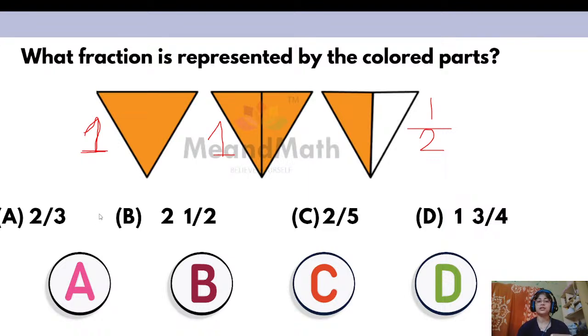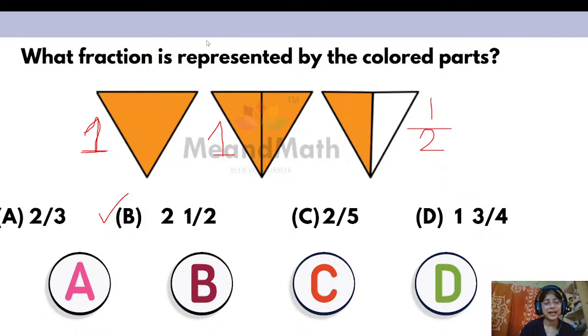So the correct option is B. Okay, but if you all are still confused, I see that Arohi says, I think C, and many people were saying D, 1, 3 by 4. So now, did you all understand?